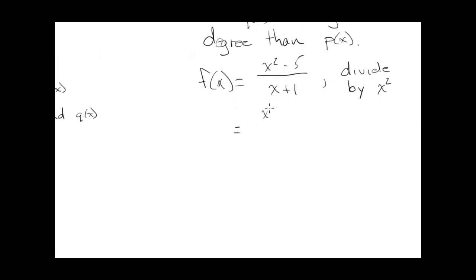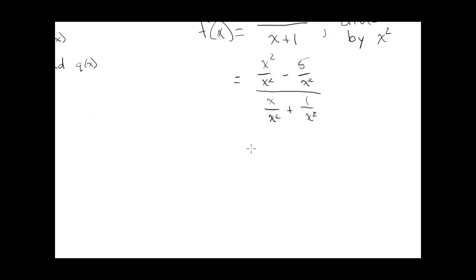So we would have x squared over x squared minus 5 over x squared, over x over x squared plus 1 over x squared. So I divided each term by x squared. Reduce.